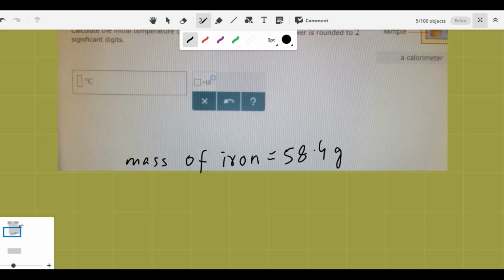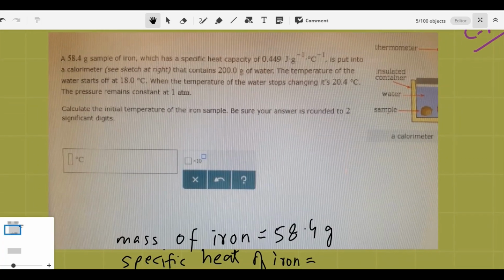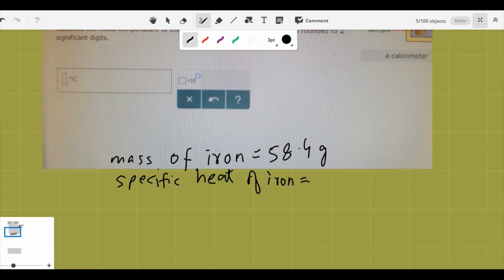Now the second one, the specific heat of iron, that is equal to 0.449 joule per gram per degree Celsius.